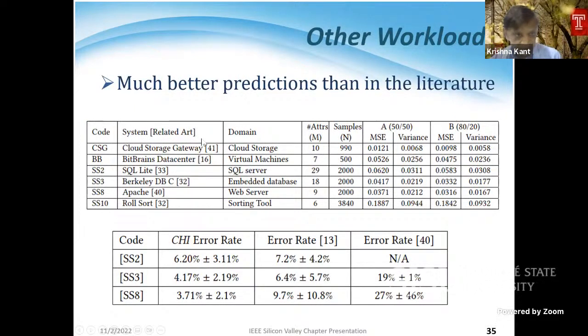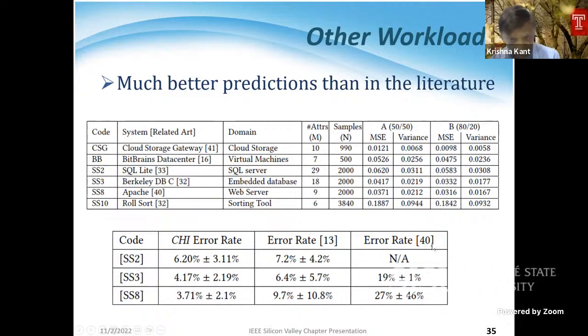And we applied the same methodology on these other data sets, and we get substantially better results. For example, here, compared to what is known as the best known results, or the state-of-the-art results that are reported in other papers.